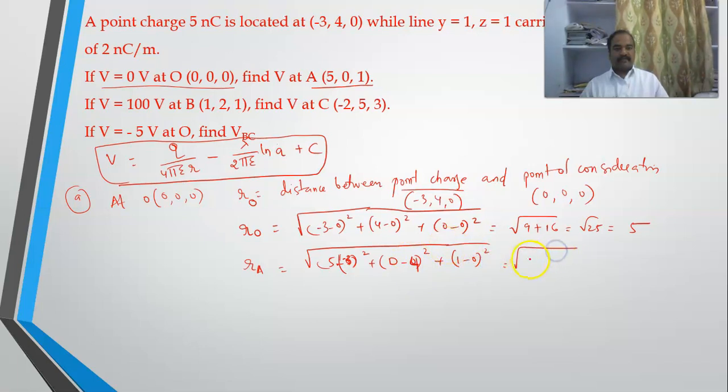So it is square root of 8 square, which is 64, plus 16 plus 1. So its value is square root of 81, which is 9. So r0 is 5 and rA is 9.